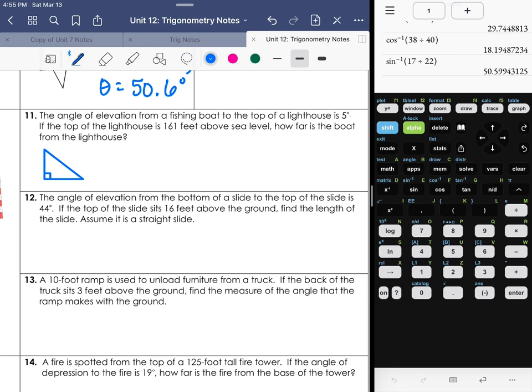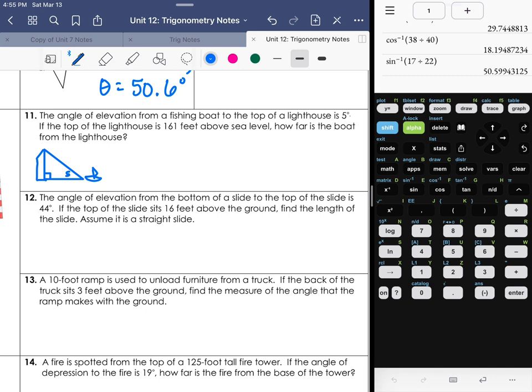We know the angle of elevation from a fishing boat. So the fishing boat, this is the lighthouse, right here, and the fishing boat is out here. The angle of elevation from the fishing boat to the top of the lighthouse is 5 degrees, so this angle is 5 degrees.